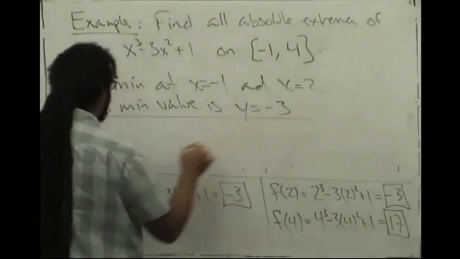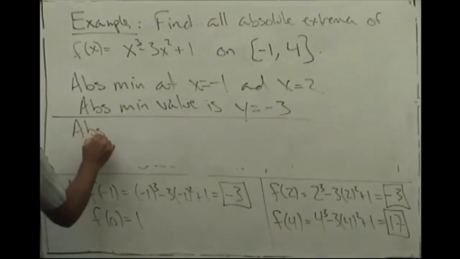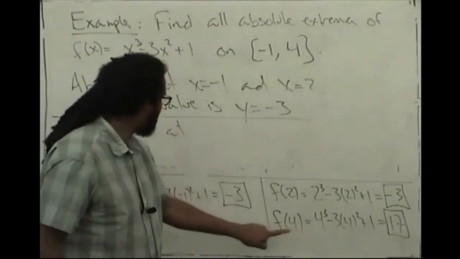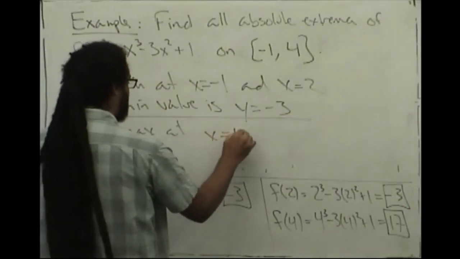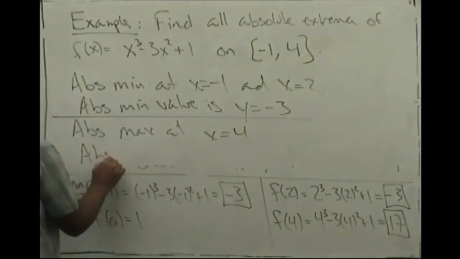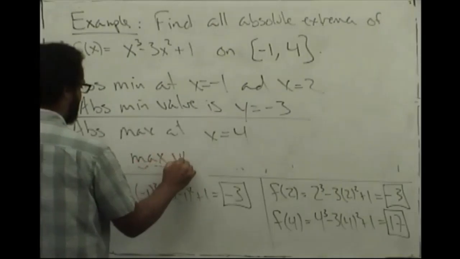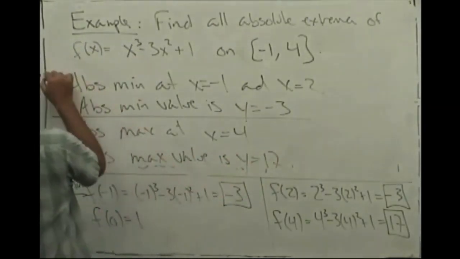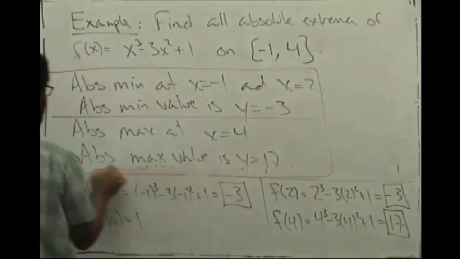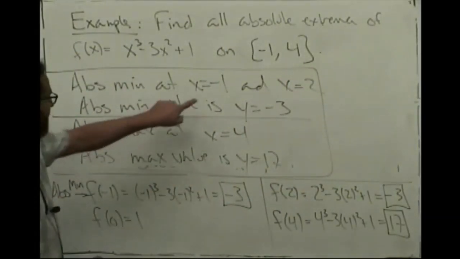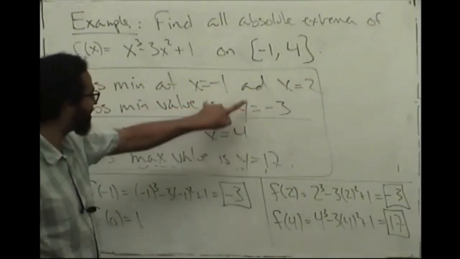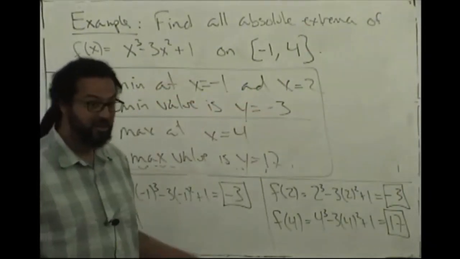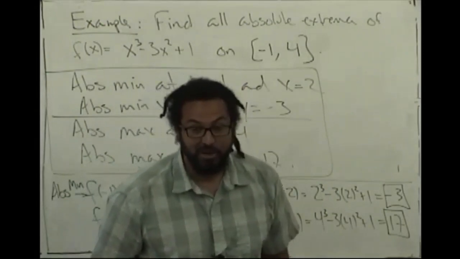And then there's an absolute max at x equals 4, and the absolute maximum value is y equals 17. So this would be a good final answer. It tells us where the absolute extreme points occur and what those extreme values are. So this would be a good final answer for this example.